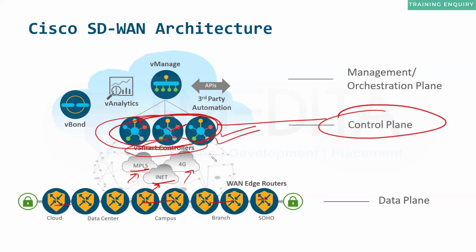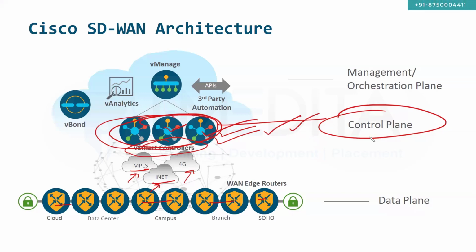Say that for all these remote sites, the primary circuit is going to be internet or MPLS or 4G LTE, whatever, and it will be done. That's it. You don't have to log into each and every router at the remote location. That big pain point, that big problem that we had before, has been fixed here by having a centralized control plane.